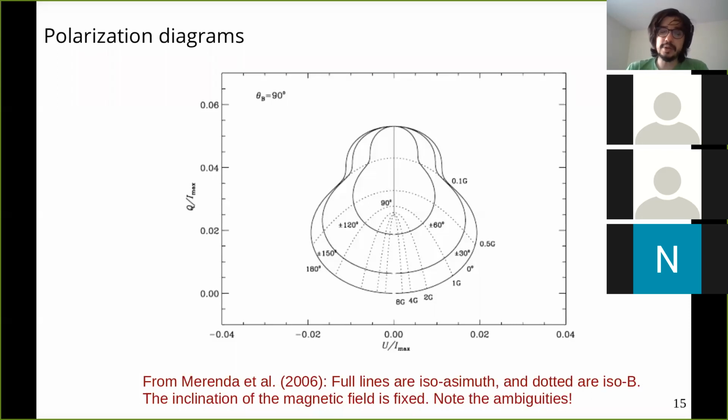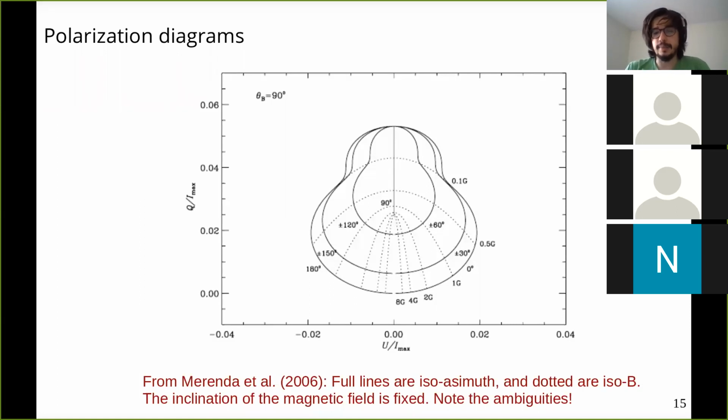A polarization diagram is a diagram which shows you how, obviously, the vector of the magnetic field is going to determine how Q and I are going to behave, right?